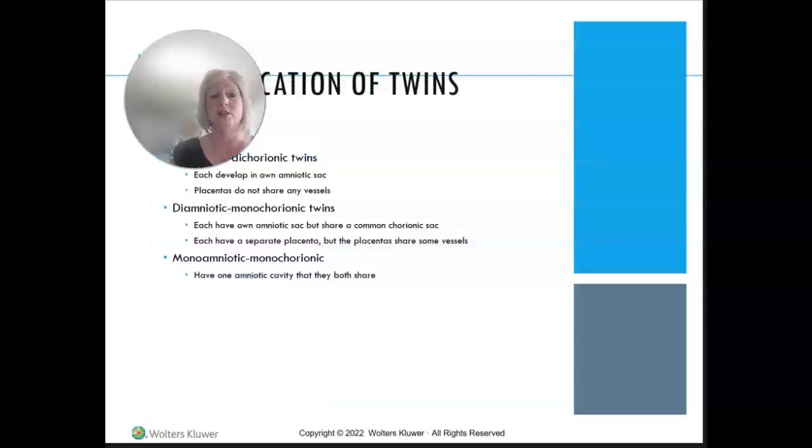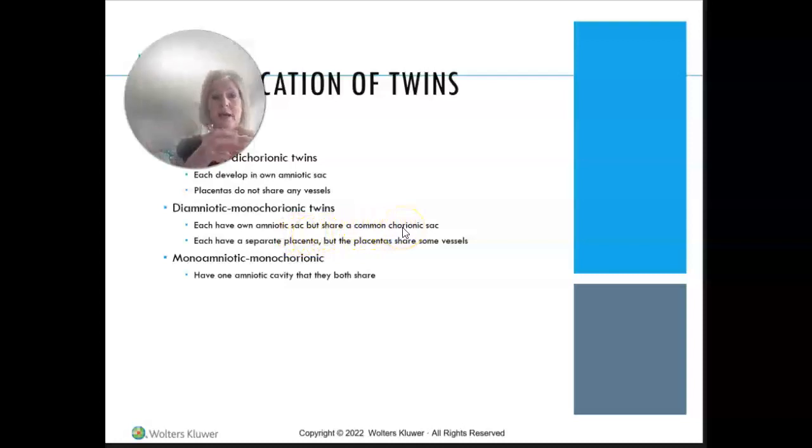Now, how do we classify twins? We have diamniotic and dichorionic. Di means two. So each is going to have their own amniotic sac, and the placentas do not share any vessels. So they have their own sac, they have their own placenta, they have everything their own. Now, diamniotic and monochorionic, where they have their own amniotic sac, but they share a common chorionic sac.